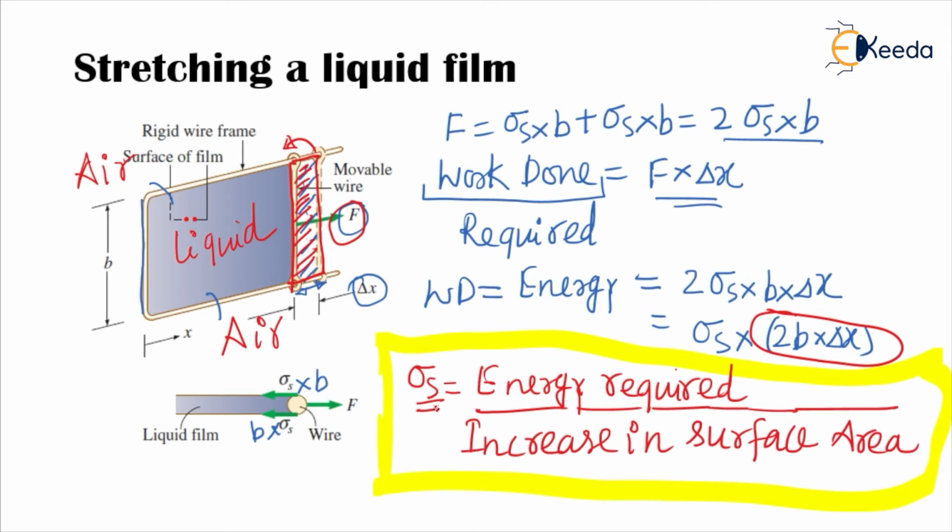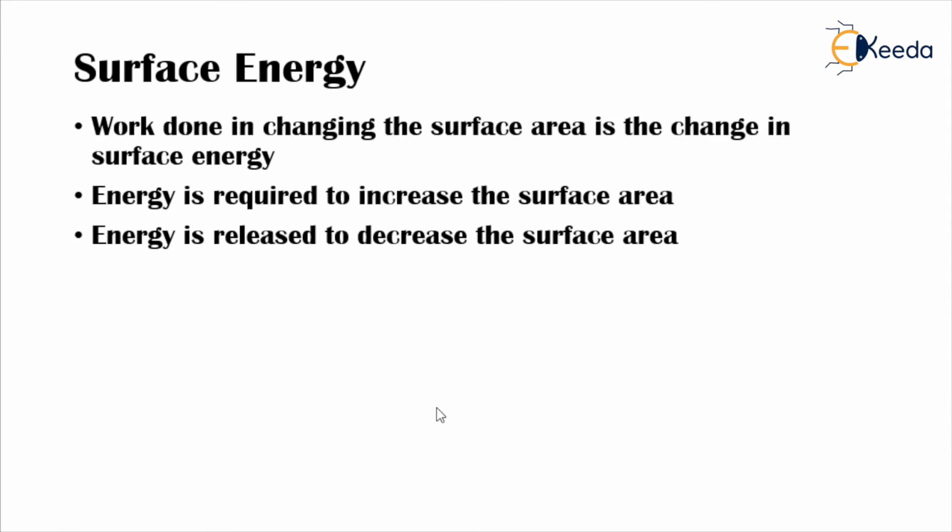Now we will look at surface energy. Surface energy is the work done in changing the surface area, which is the change in surface energy. Obviously the work done in changing surface area will be the change in surface energy, because work done is stored in the form of surface energy. Energy is required to increase surface area, as we have seen, but energy will be released when surface area is decreased.